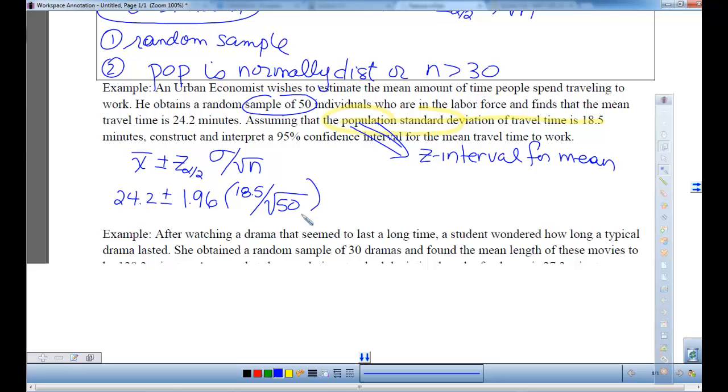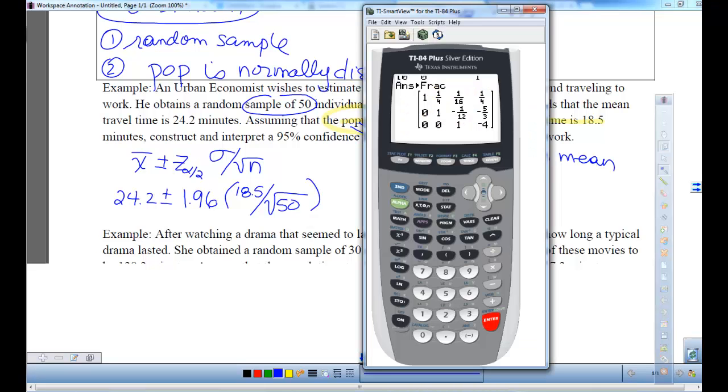So we could put it into our calculator. We've got 24.2 minus 1.96 times 18.5 divided by square root 50.